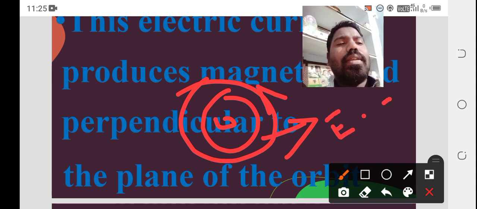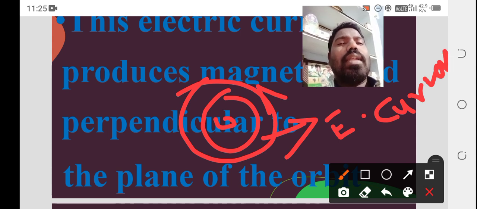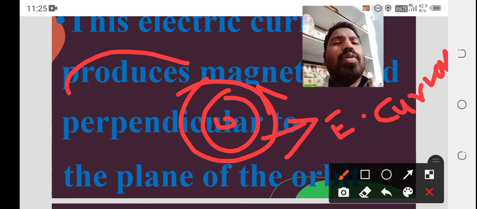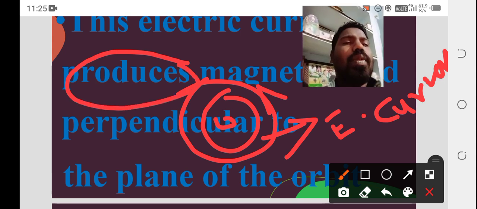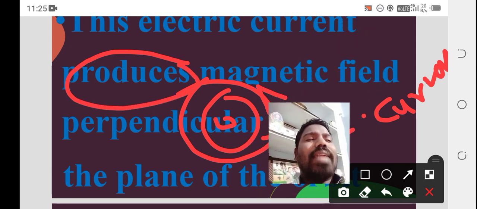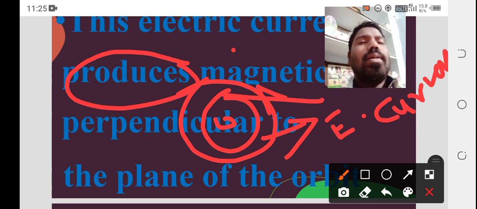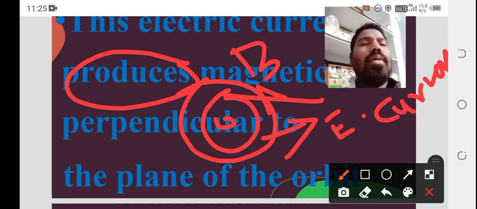What is this electric current doing? It produces a magnetic field.